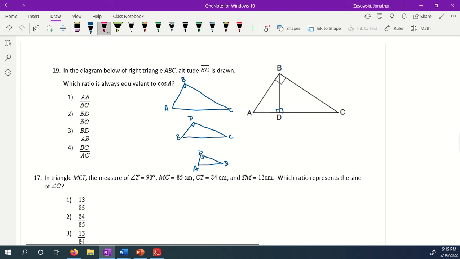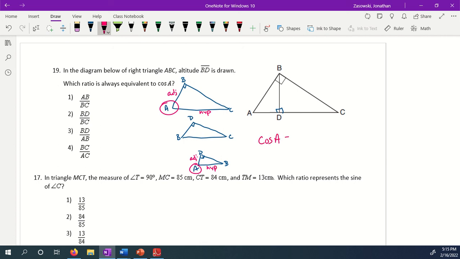So if we look at angle A, cosine of A is the adjacent over the hypotenuse. In this triangle, we can also figure out the cosine of A because it's the adjacent over the hypotenuse. So there's actually two values.